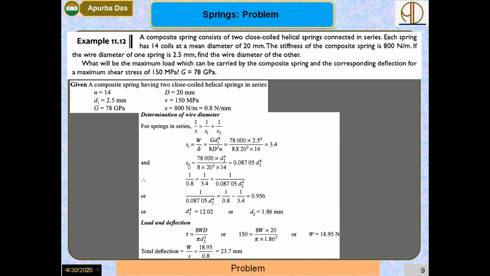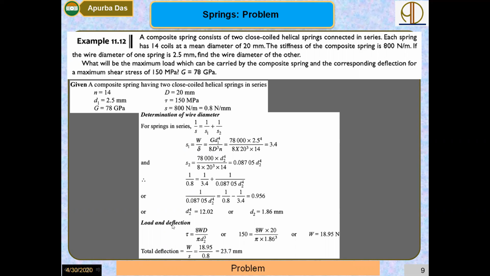And similarly we can determine S2, that becomes 0.08705 d2 to the power 4. So if we write from this in this equation, 1 by S equivalent stiffness is given 0.8, so 1 by 0.8 is equal to 1 by 3.4 plus this. So if we solve this equation, we will get d2 is equal to 1.86.